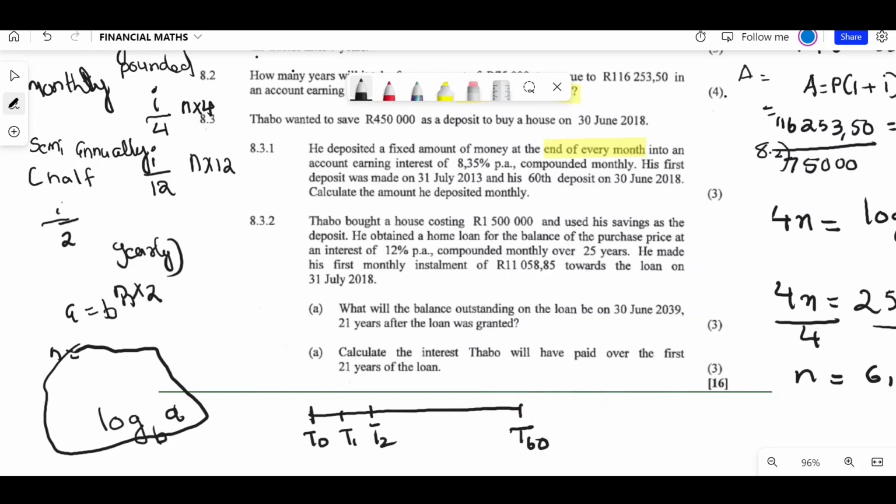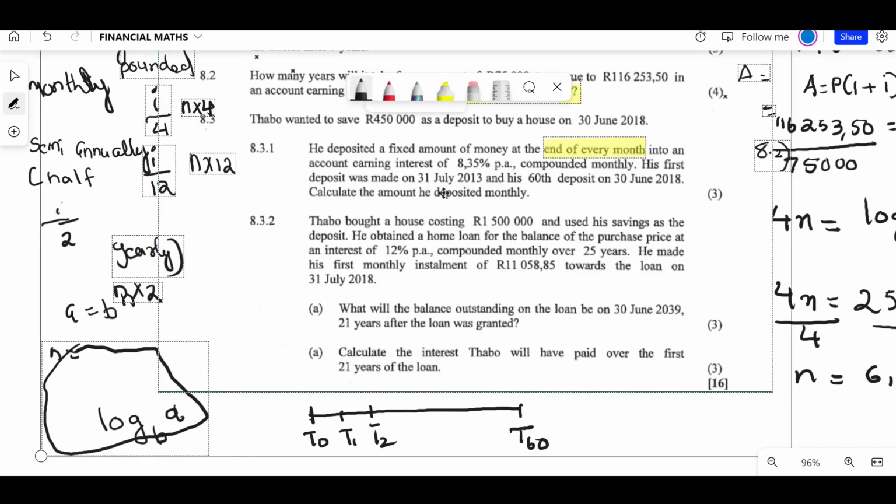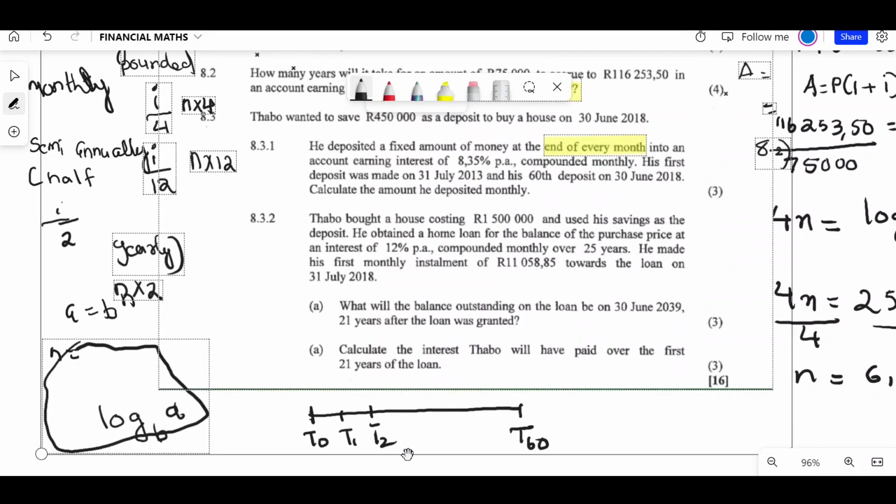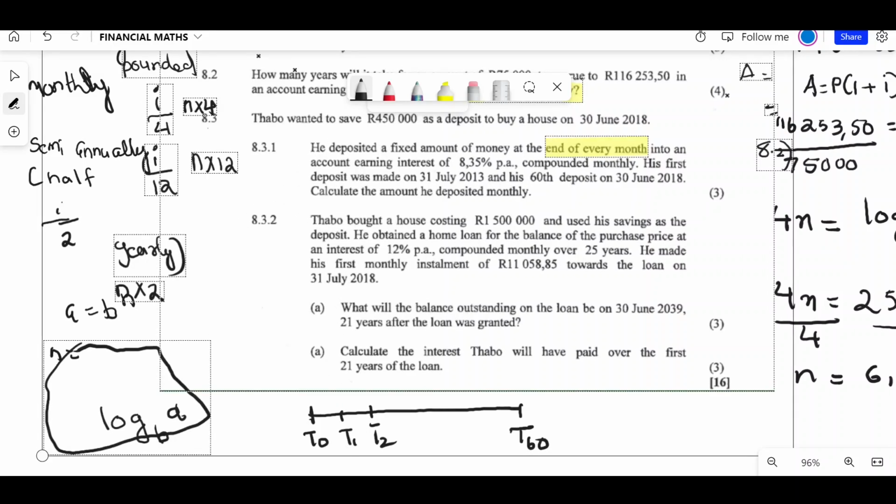So that means there is five years, but he didn't start paying on 30 June 2013, only on 31st July. 30 June 2013 is T0. 31st July 2013 is T1. So the first payment was made at T1.